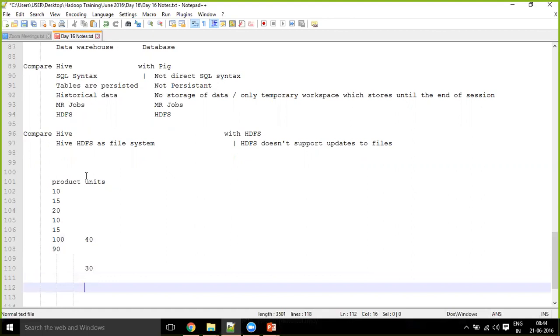If you do an average over a period of 12 months, then it might come around 20 or so, which is closer to your actual values. So the more historical data you take, the more accurate decisions you will get.